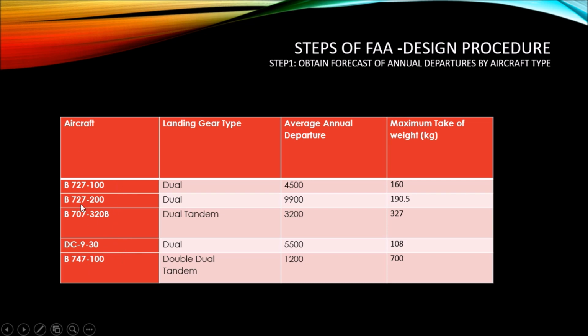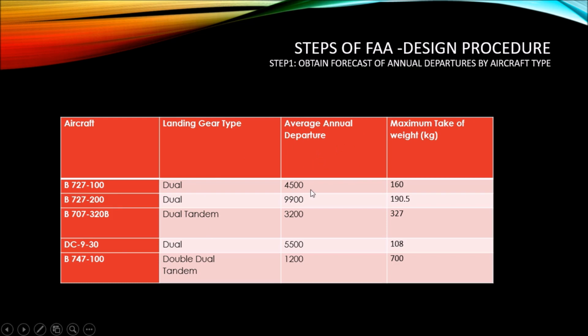These are different aircraft types. Then we have their landing gear types: dual, dual tandem, and the rest dual, and also double dual tandem. So we are considering 5 different aircraft. Their average annual departures are given here.